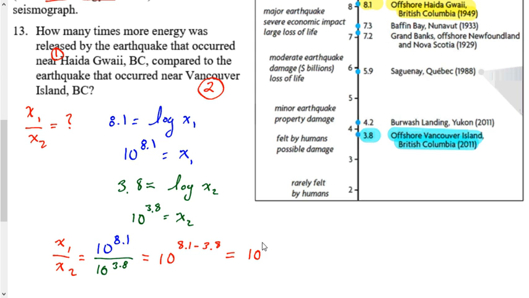And when I plug that into my calculator, I get 19,953 if I round times as much energy was released.